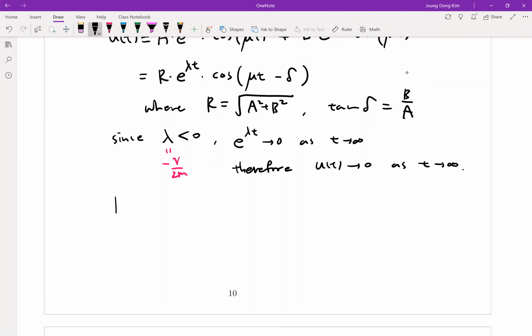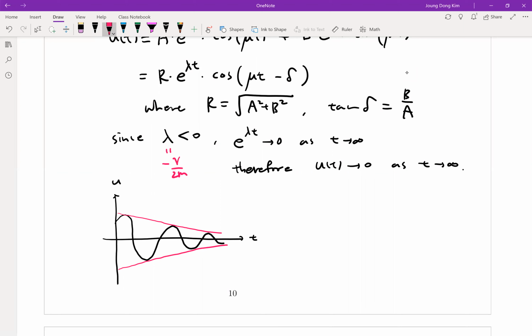It looks like this. If I make the lines for the tops and lows, it looks like this. As time is increasing, the oscillation is getting smaller and smaller, and finally converges to 0, which is the equilibrium position.